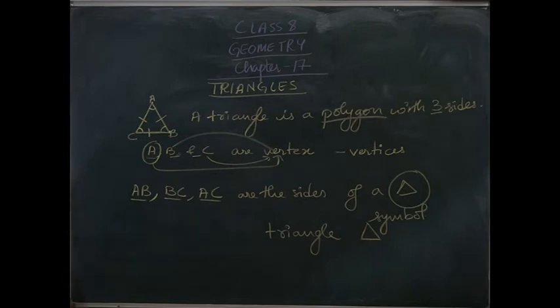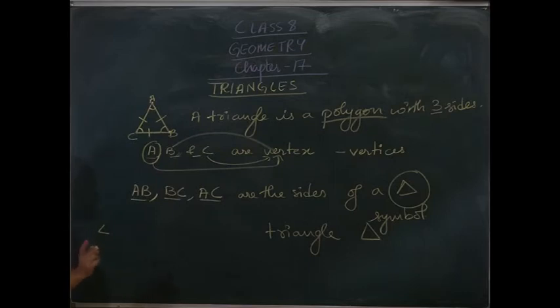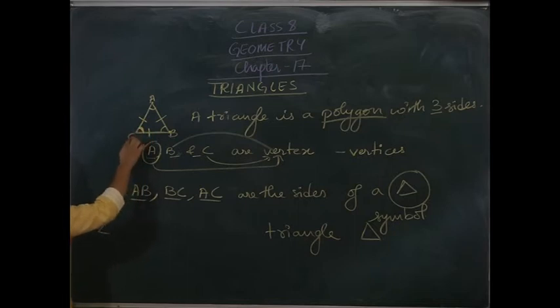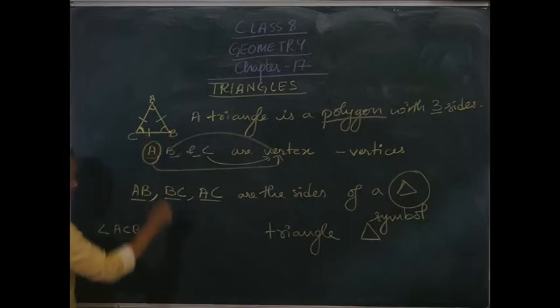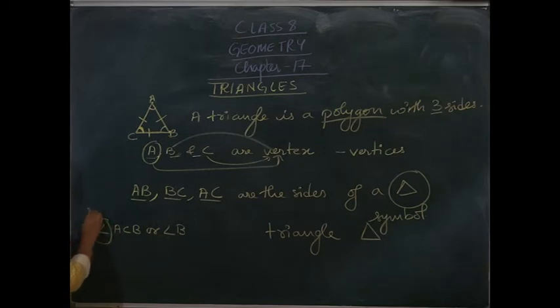And how do we name the angles? There are 2 alternative ways. First, the vertex has to be in between. Remember the vertex has to be in between. If I am naming this angle, which is the vertex here? The vertex is C. So how do I name it?